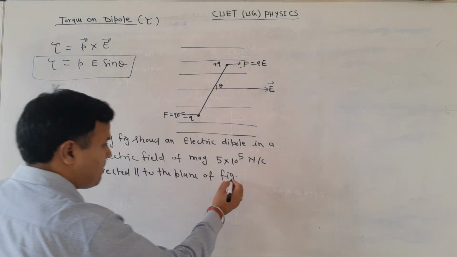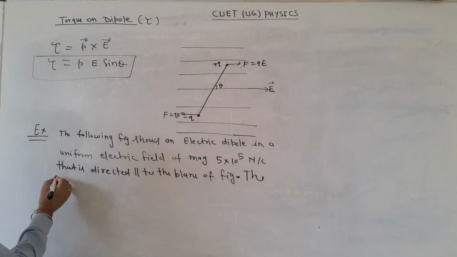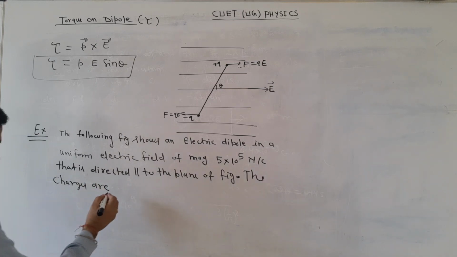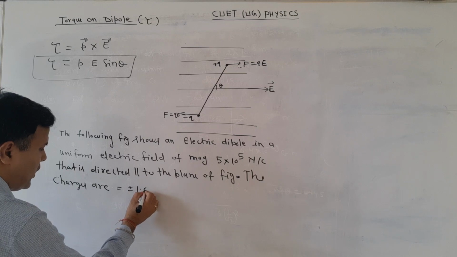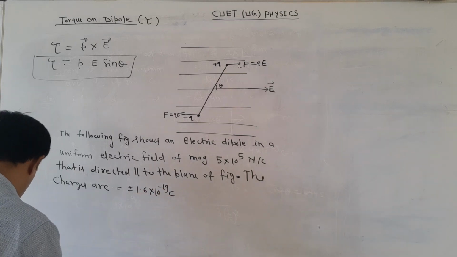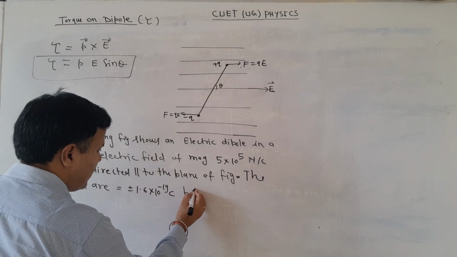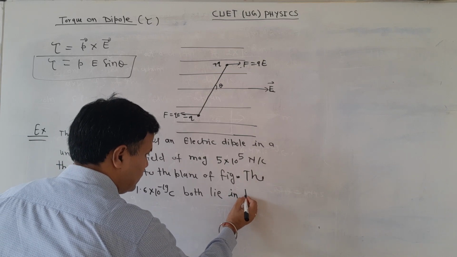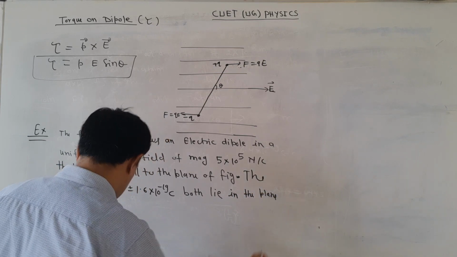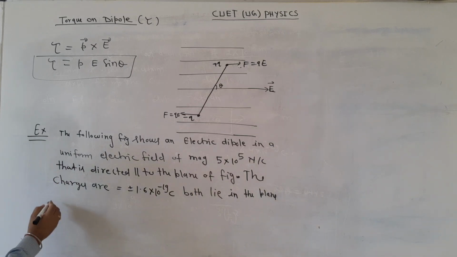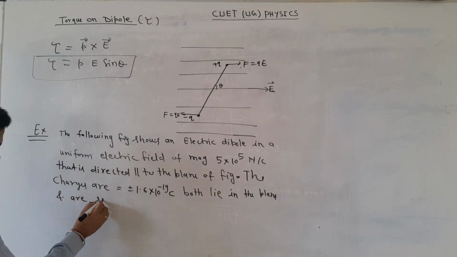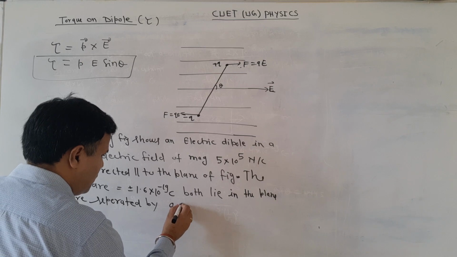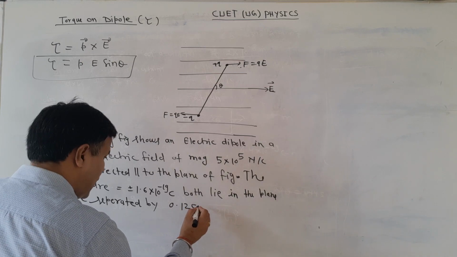The charges are plus and minus 1.6 into 10 to the power minus 19 Coulomb. Both lie in the plane and are separated by 0.125 nanometers.